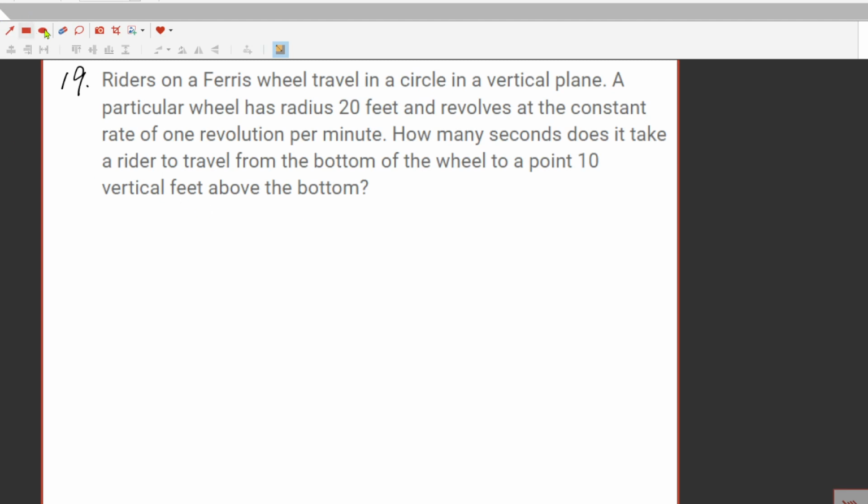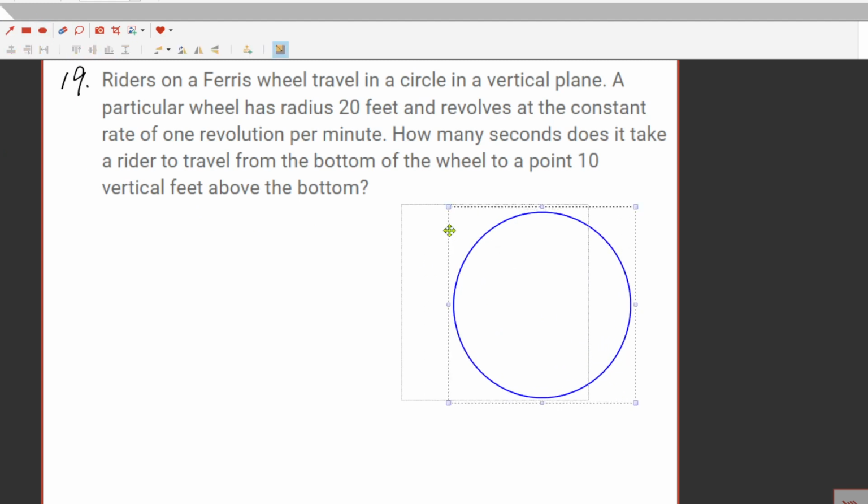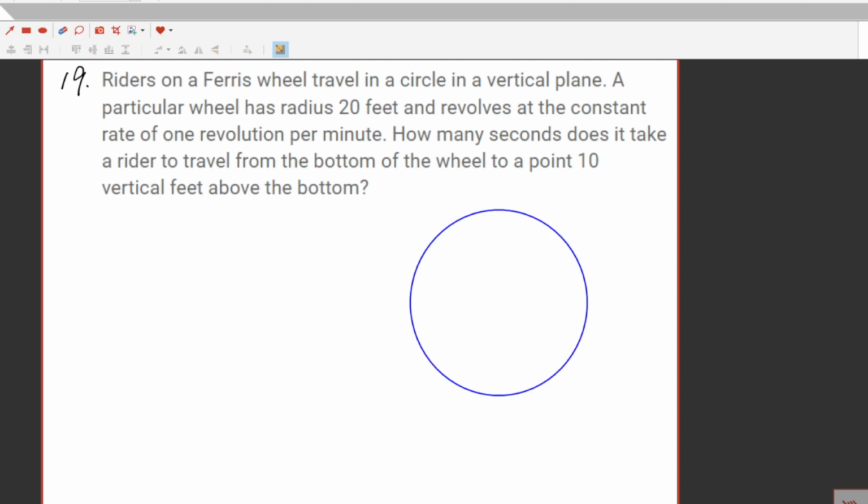Okay, first of all, it's better to draw a diagram to illustrate the situation here. So suppose we have a ferris wheel here, and this is the center. Then this is a radius, and there's another radius.